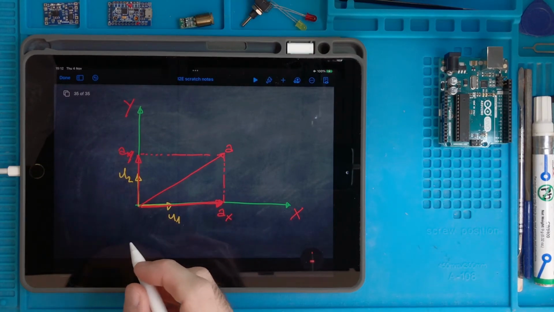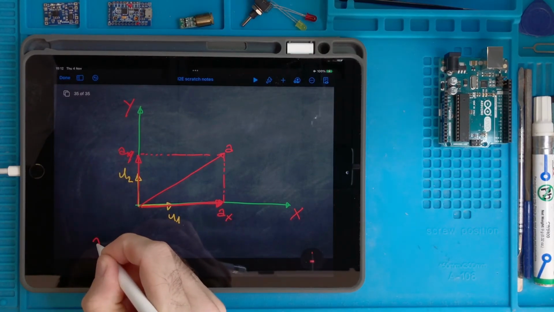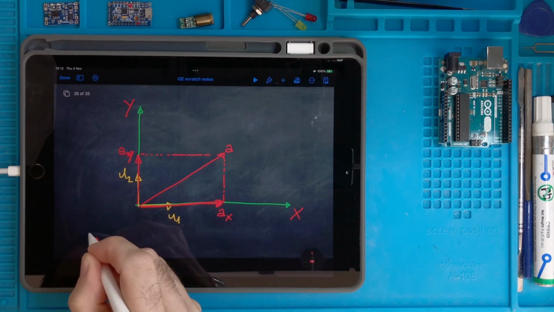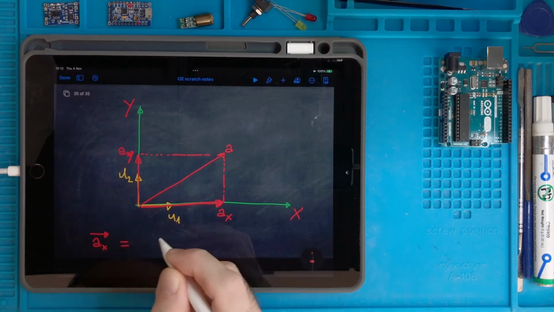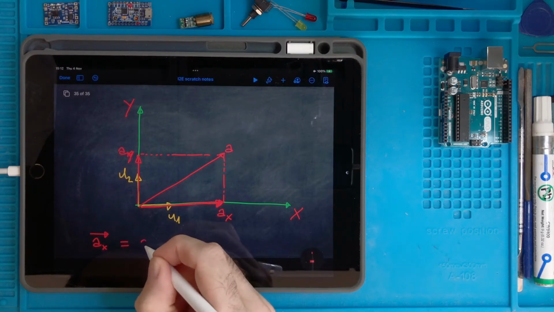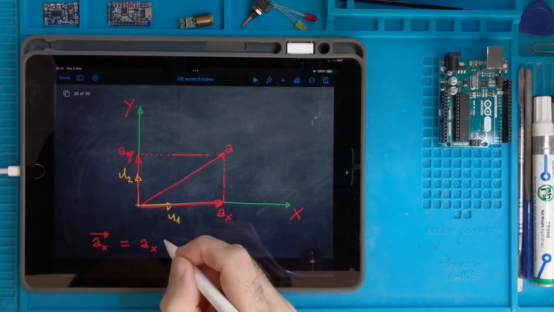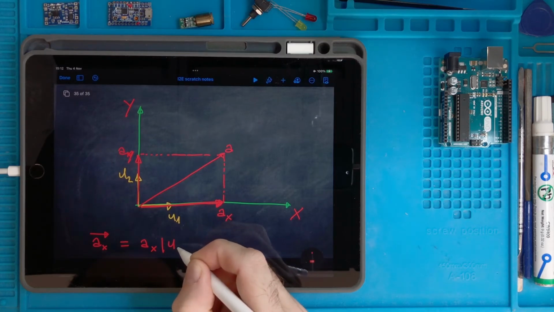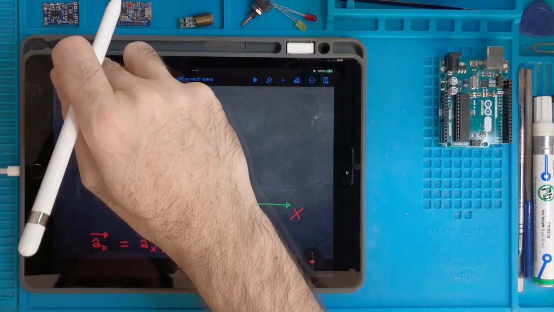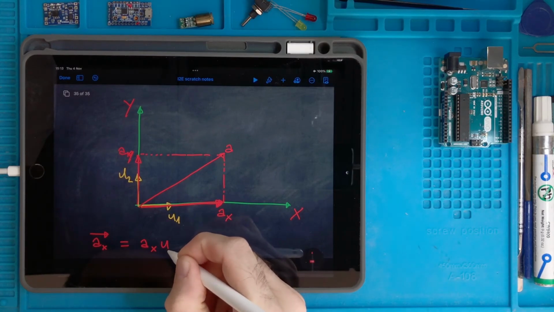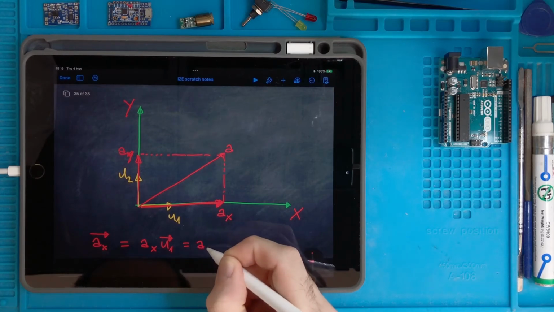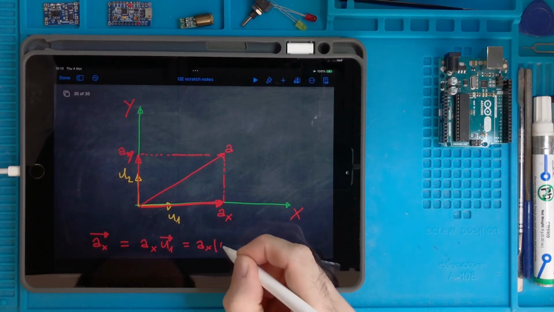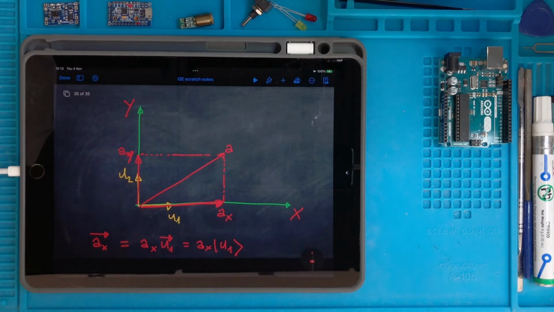If we consider AX as a vector, this thing is a length AX multiplied by a unitary vector u1.